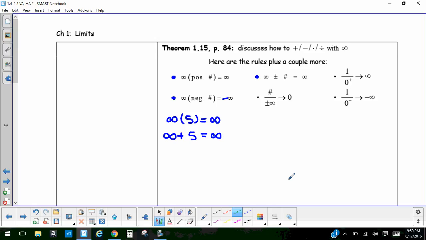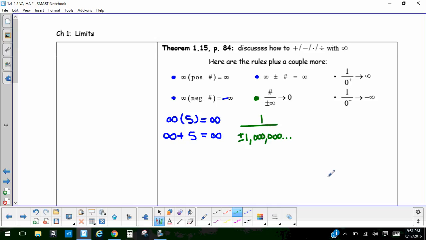So then, as we take a look at these next ones, we kind of talked about this one a little bit yesterday in class. So if I take a number over plus or minus infinity, let's talk about just 1, for example, which is really easy. And then let's deal with plus or minus 1, and then let's put a comma and a bunch of zeros, and then a dot, dot, dot to keep going and going.